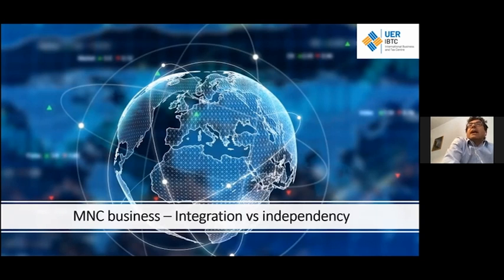So from one side, there is the need for the company to exploit the synergies, to standardize as much as possible, to centralize the functions, because in the end, there are economies of scale. And this brings a lot of benefit in terms of costs, in terms of efficiency, as I said. On the other side, there is the need to meet the consumer demand.